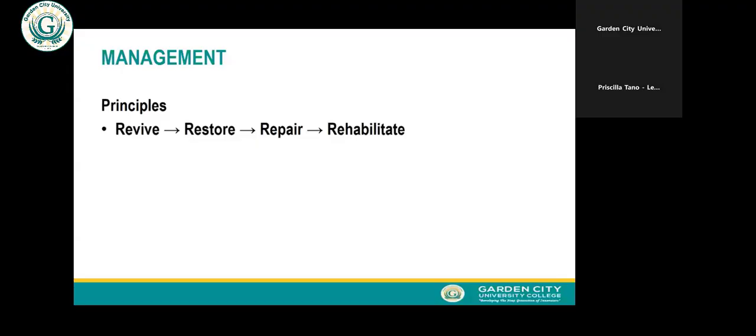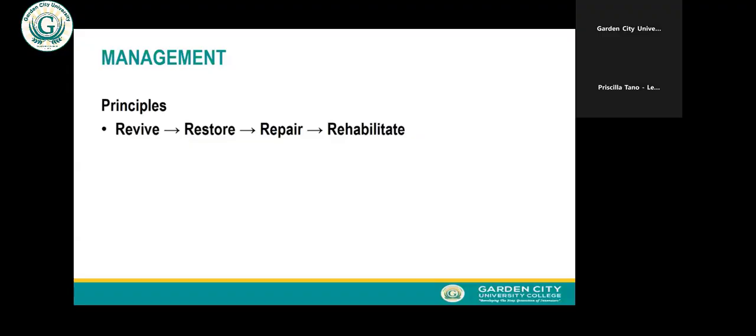In terms of management, we have what we call the emergency, acute, and rehabilitation phases. That is for general management of burn patients. So what is the emergency phase? The emergency phase is where we want to resuscitate patients, where we want to give our IV fluids, our Ringer's lactate, right?